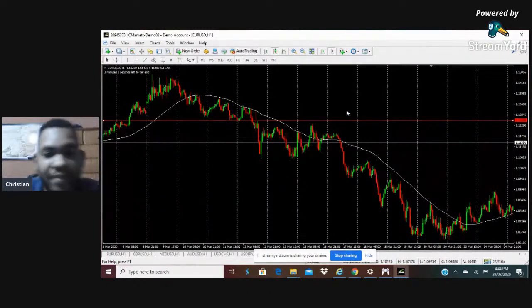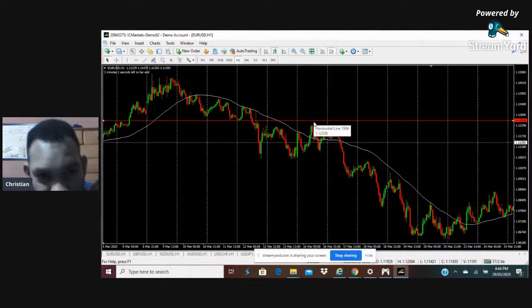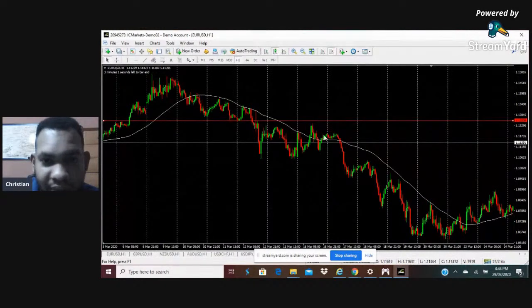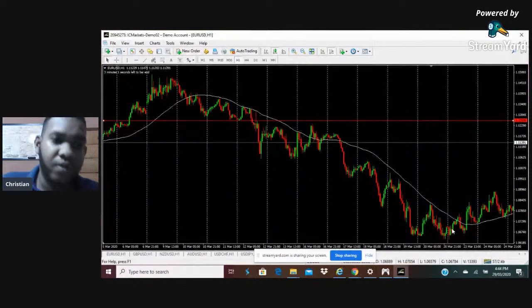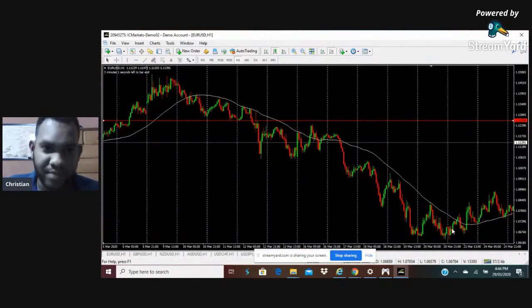So that's 50 pips. It would have almost reached my stop loss and then come all the way down. Sometimes I put a 50 pip stop loss, a 60 pip stop loss, a 100 pip stop loss, an 80 pip stop loss. It all depends on what you can afford to lose. Okay, guys?